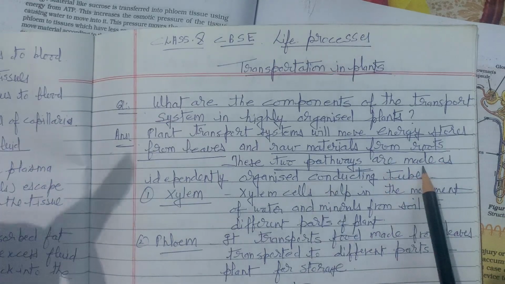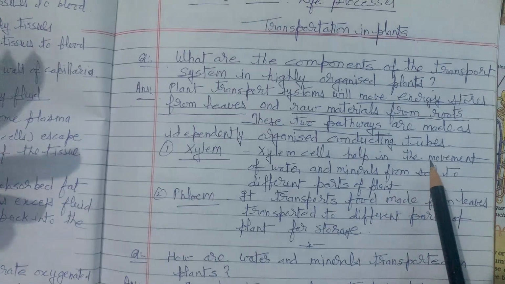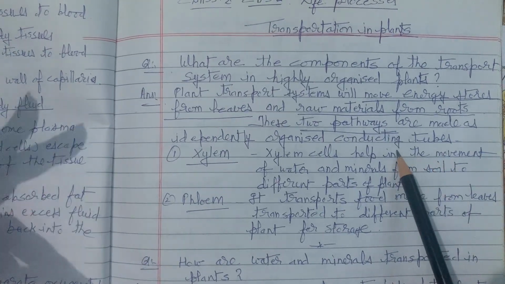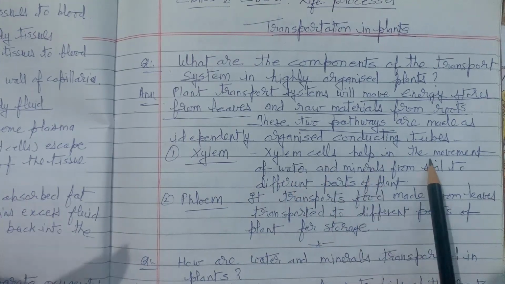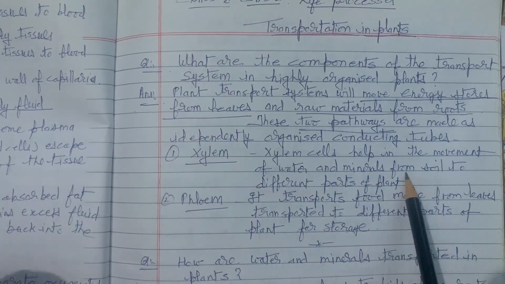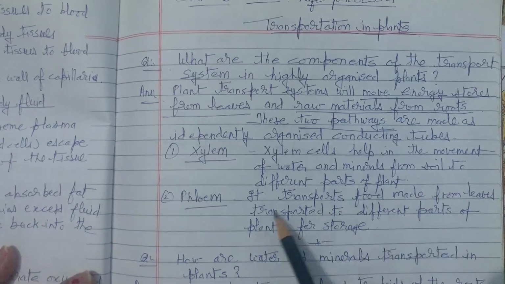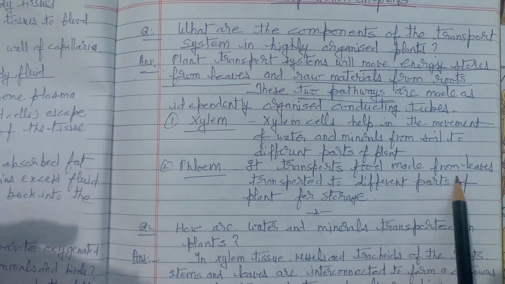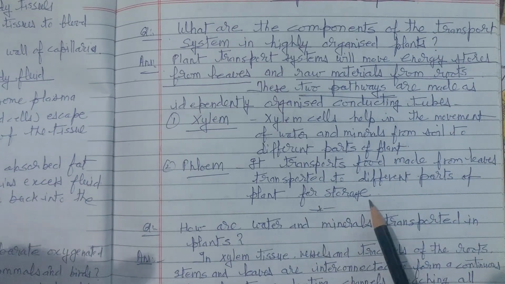So there are two pathways, independently organized as conducting tubes or conducting strands. The first one is the xylem. Xylem cells help in the movement of water and minerals from soil to different parts of the plant, as I told you already. And phloem transports food made in the leaves to different parts of the plant for storage.